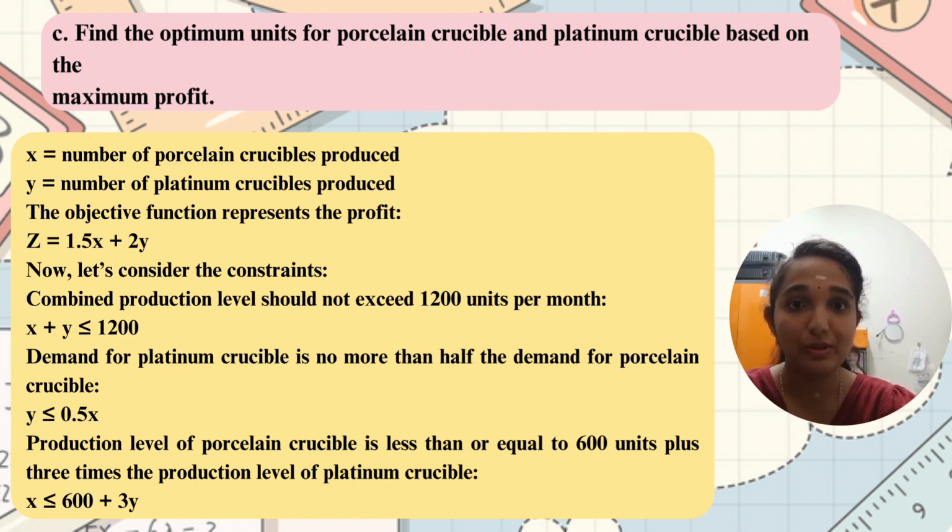Production level of porcelain crucibles is less than or equal to 600 units plus 3 times the production level of platinum crucibles: X less than or equal to 600 plus 3y.